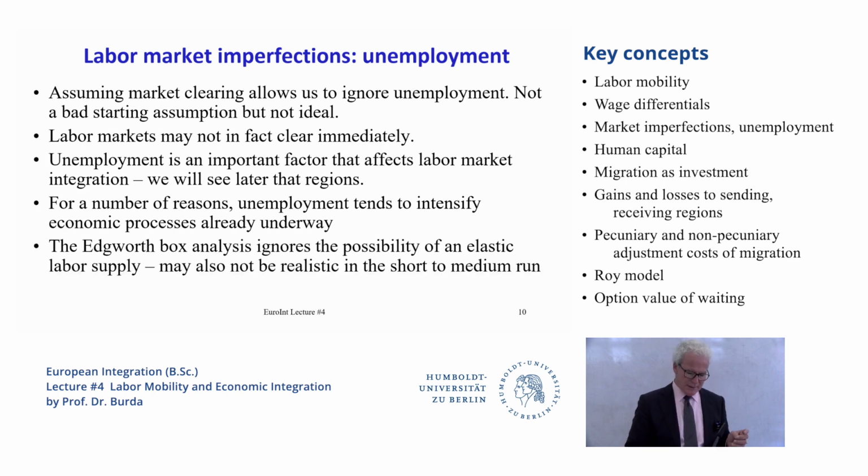The Edgeworth box ignores that, but it still may be very useful for us because the tendency is still right. Unemployment will often accelerate the situation because, especially in declining regions, looking west is a very attractive option, and if I'm unemployed, it's even more attractive, right?